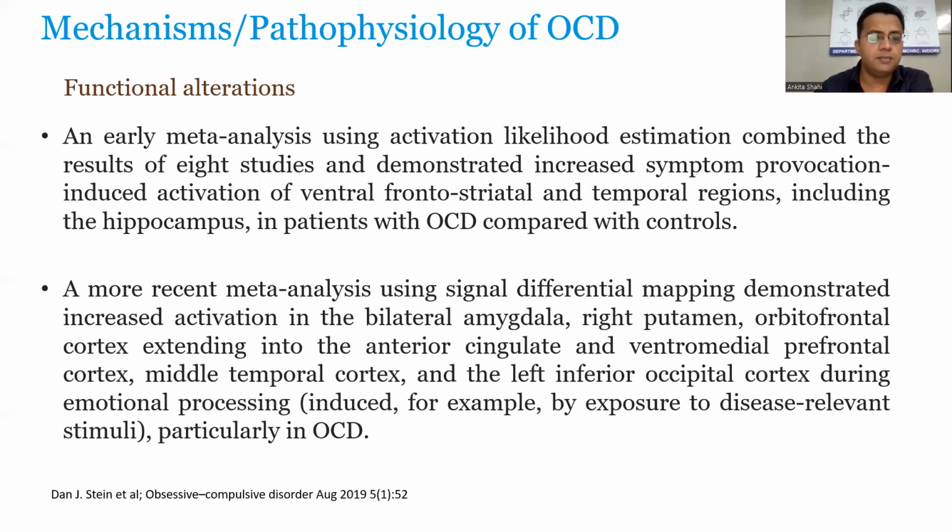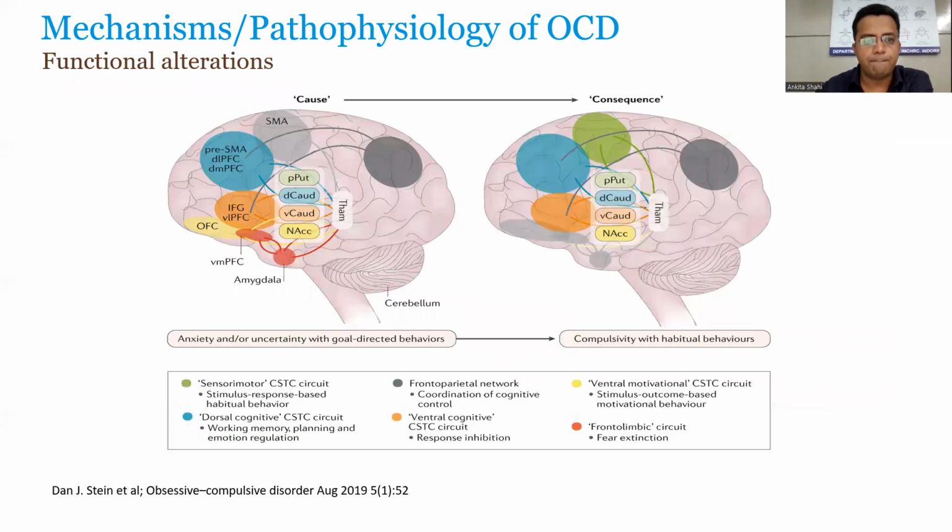A more recent meta-analysis using signed differential mapping demonstrated increased activation of the bilateral amygdala, right putamen, orbitofrontal cortex extending into the anterior cingulate and ventromedial prefrontal cortex, middle temporal cortex, and the left inferior occipital cortex during emotional processing, induced, for example, by exposure to disease-relevant stimuli, particularly in OCD.